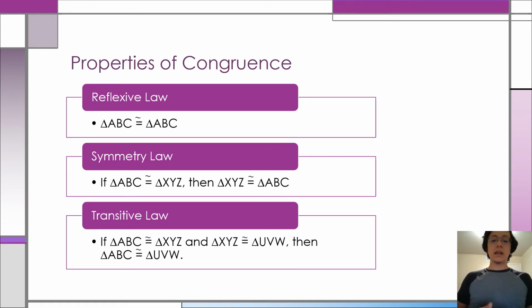Much like saying triangle 1 is congruent to triangle 2 is congruent to triangle 3. If triangle 1 is not congruent to triangle 2, then triangle 1 is not congruent to triangle 3.